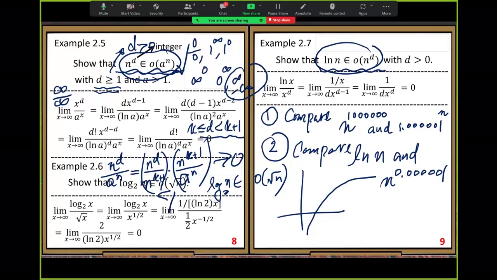So you take the 1/millionth root of the n function. By your intuition, it looks like it approaches 1, although it's not 1. The curve is very, very flat.